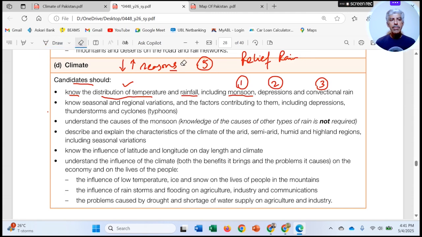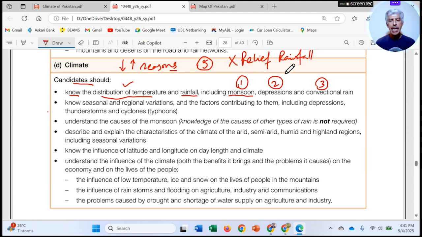It means that the syllabus says relief rainfall is not part of your syllabus, and in the same way the tropical cyclones are not part of the syllabus. So there are 5 in all: monsoon rainfall, western depressions, convectional currents, relief rainfall and tropical cyclones. But out of these 5, only 3 make up your syllabus content.